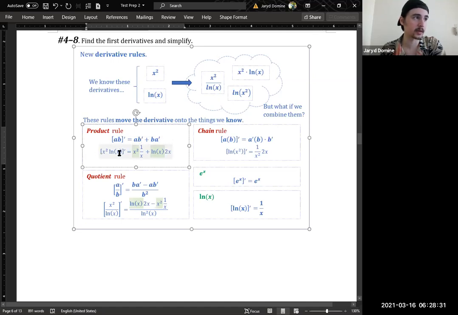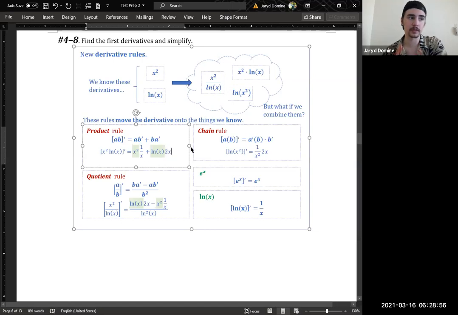So for x squared log x, I do first times derivative of second. That's x squared times the derivative of log, that's 1 over x. And then I do second times derivative of first. So that's log x times 2x. Okay, so each one gets the derivative individually.